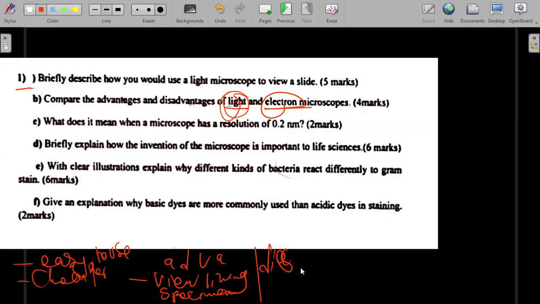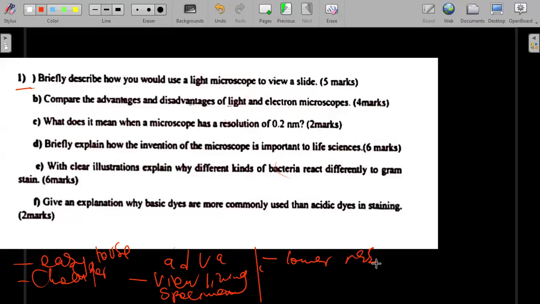Now, what are some of the disadvantages of this light microscope? Remember, we started with the light microscope. Anyone? One of the disadvantages of your light microscope is that it has lower resolution.